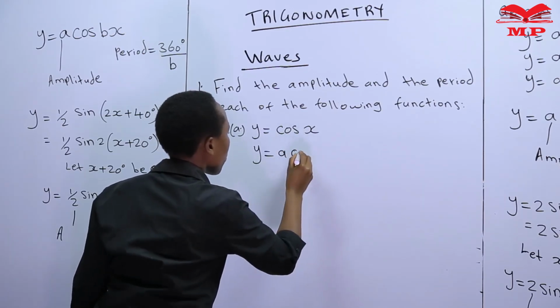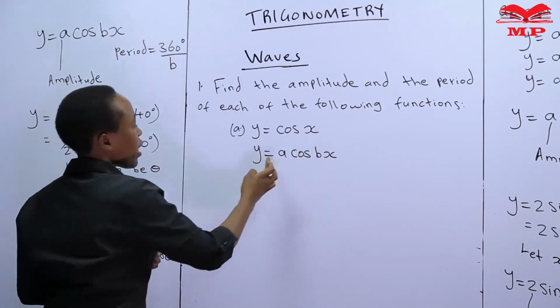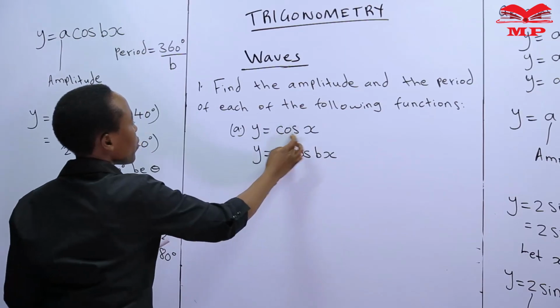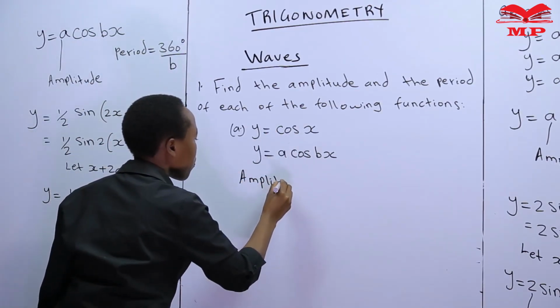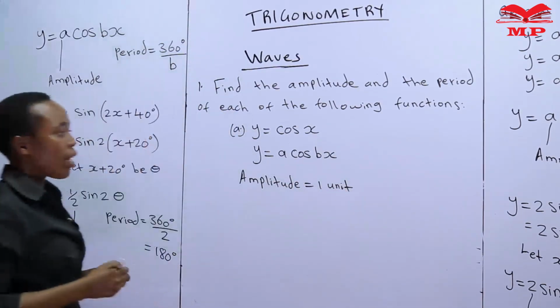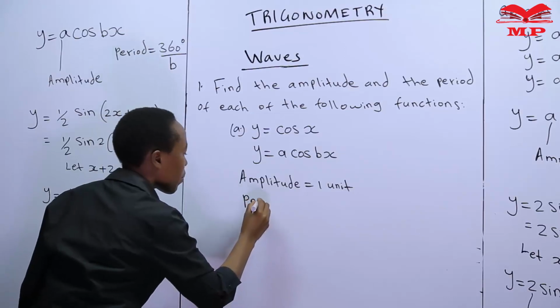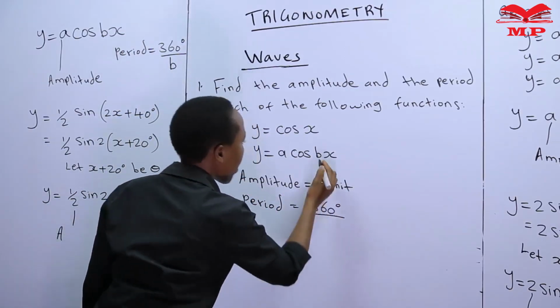In our case, we have cos x, so our amplitude is the coefficient here, which is 1, and therefore the amplitude is equal to 1 unit. Then our period is 360 degrees divided by b.